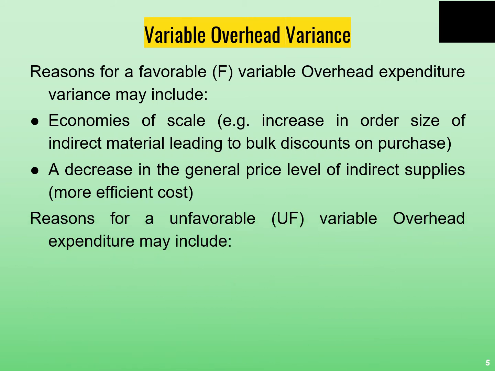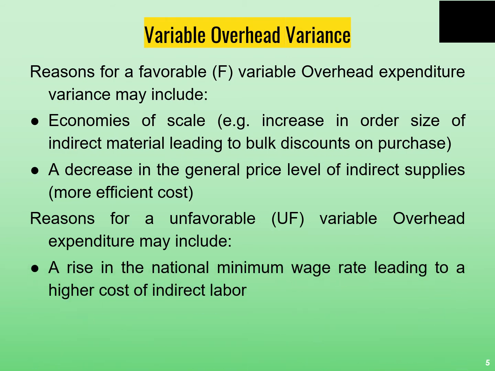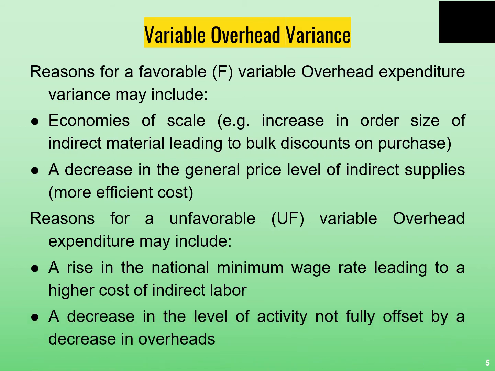Meanwhile, reasons for an unfavorable variable overhead expenditure may include a rise in a national minimum wage rate leading to a higher cost of indirect labor, a decrease in the level of activity not fully offset by a decrease in overhead.